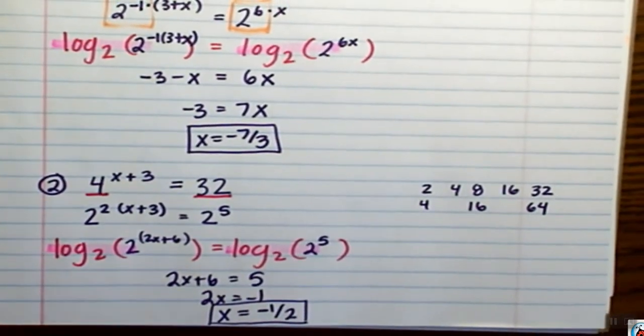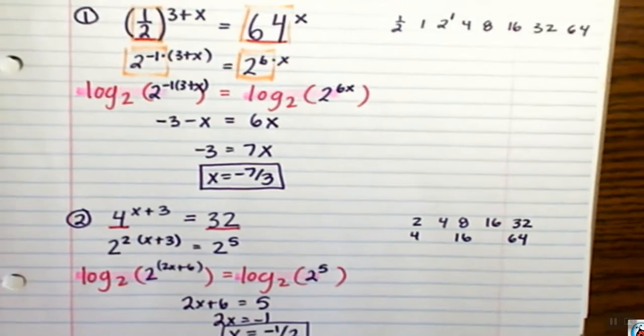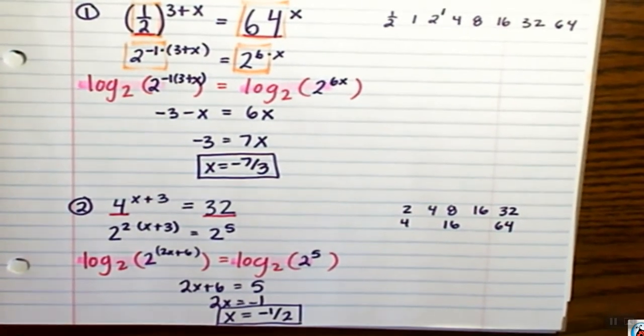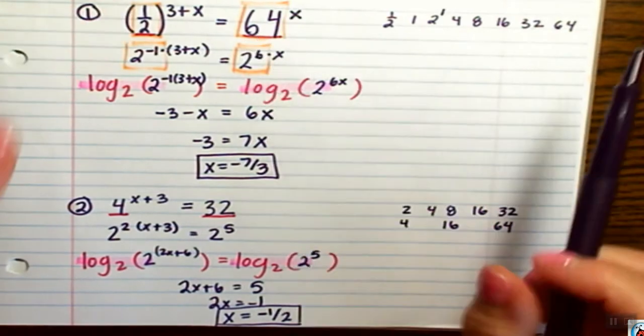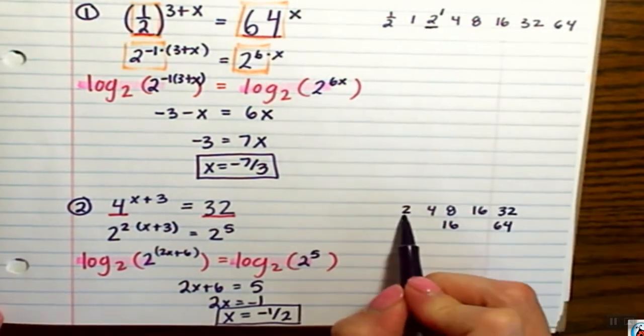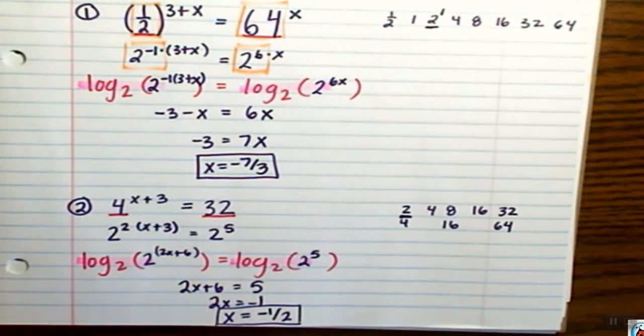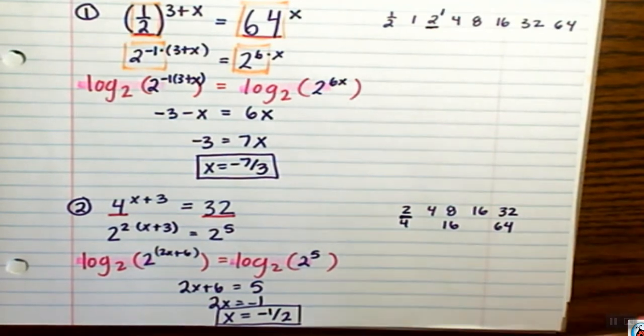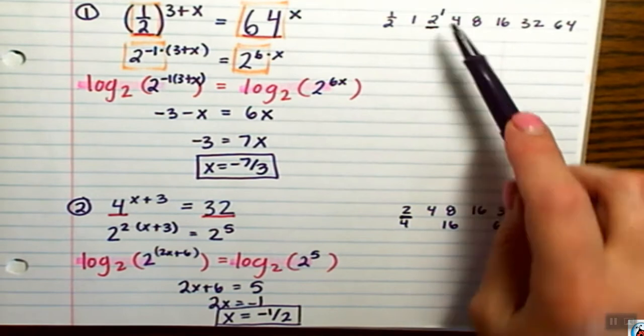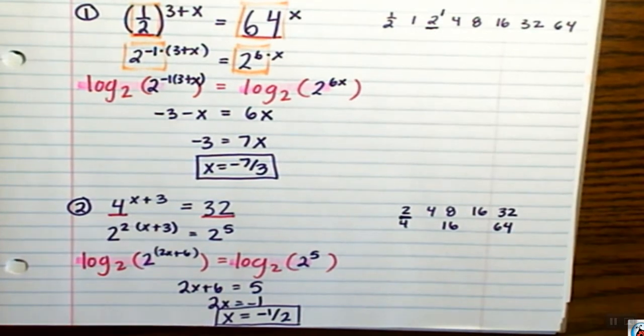All right, so these two pieces are very simple, straightforward examples, where I took the bases and I rewrote them using the same base. Now if you can't get it to be the same base, you might have to try more than one number. I suggest trying the smallest number, not 4, but maybe try 2.